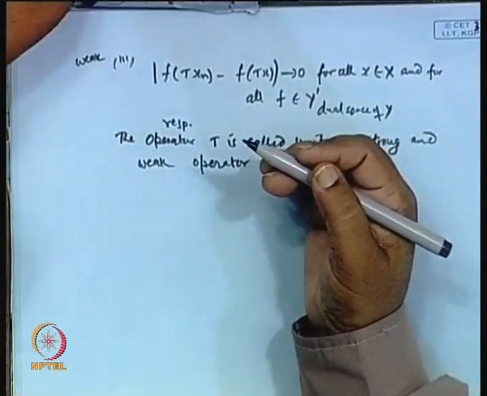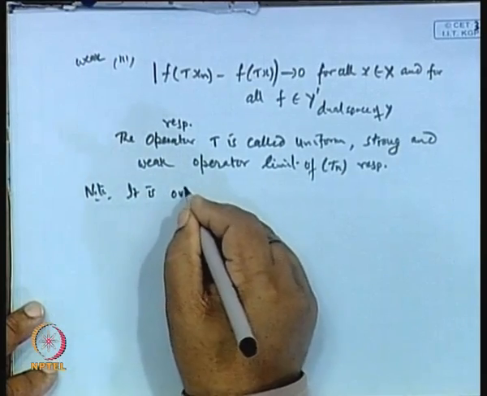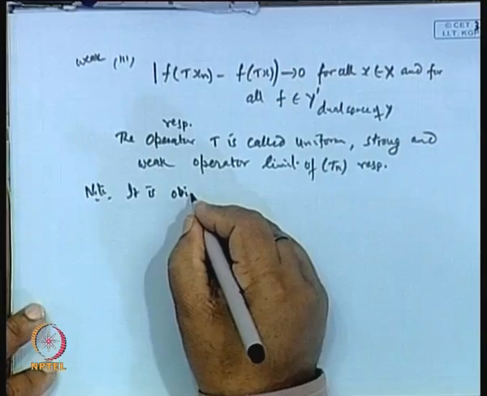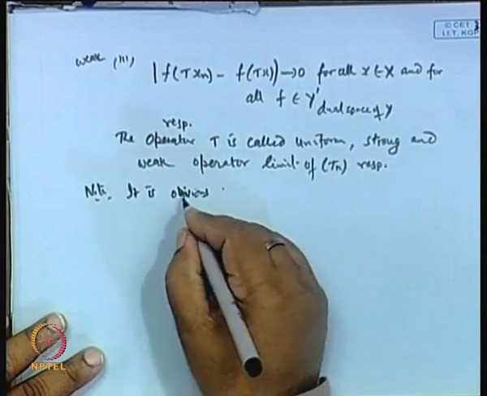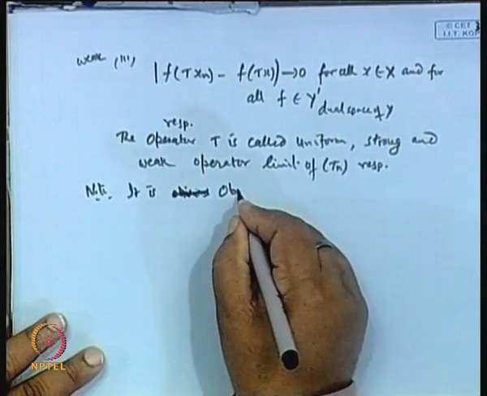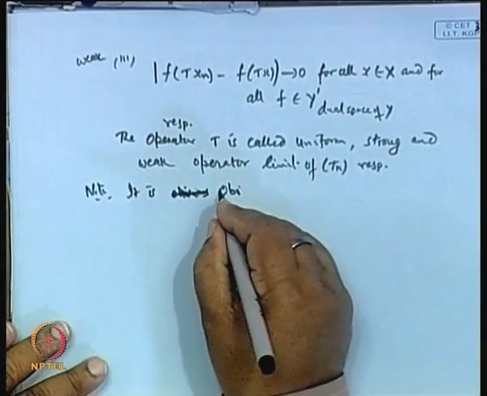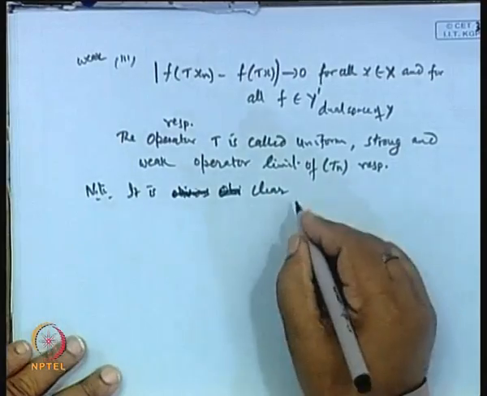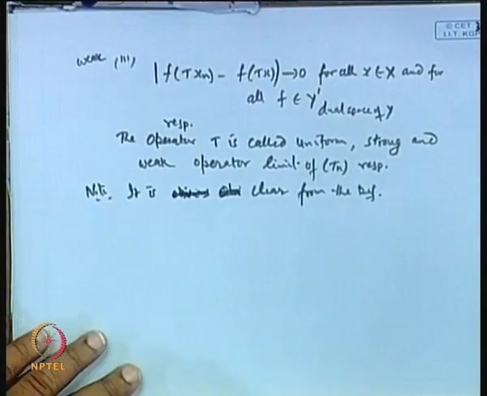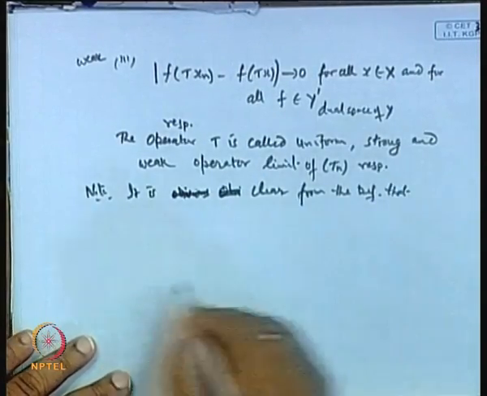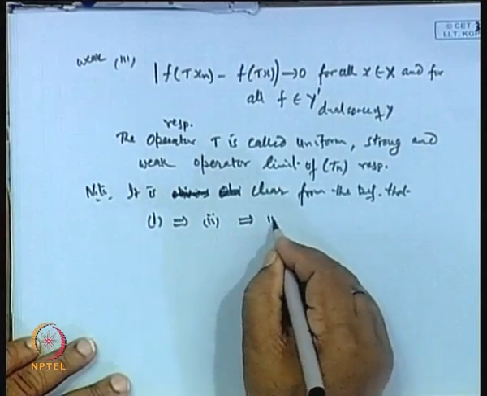It is obvious from the definition. It is clear from the definition that 1 implies 2 implies 3.